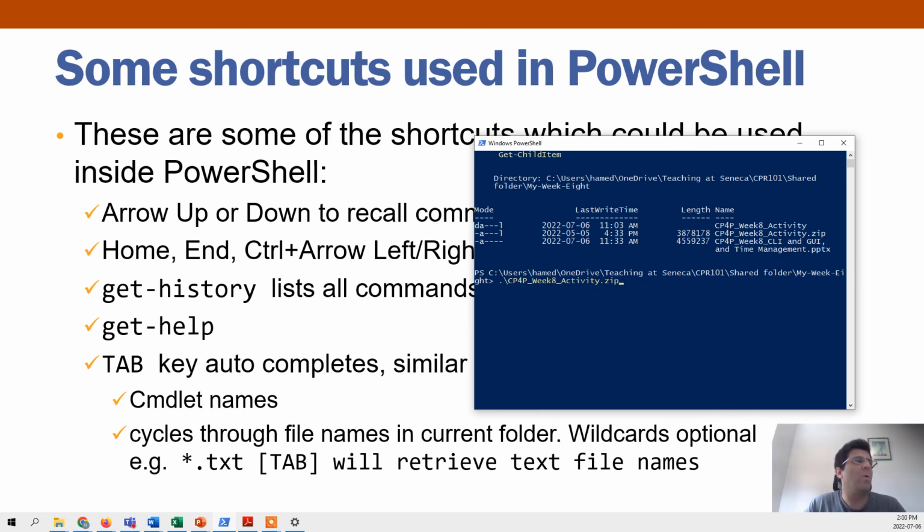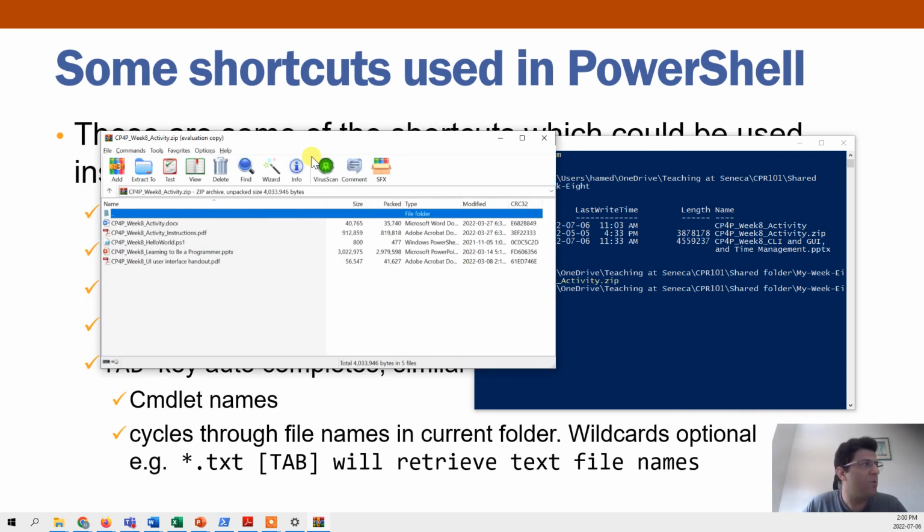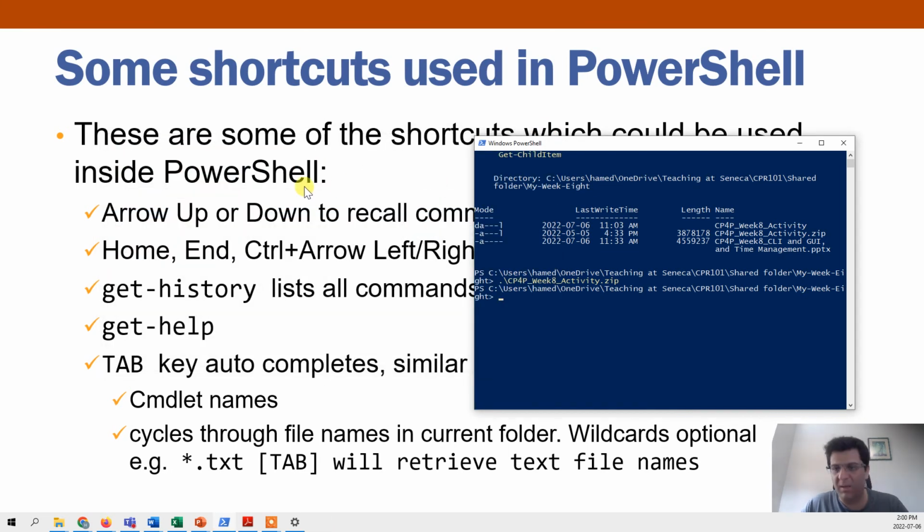For example, if it is just this, if I press enter, it will open the file. It opened this file in my first screen, so it just opened this zip folder for me, as if I'm double clicking on this. So this way you can very easily find files, manage files, and do that.